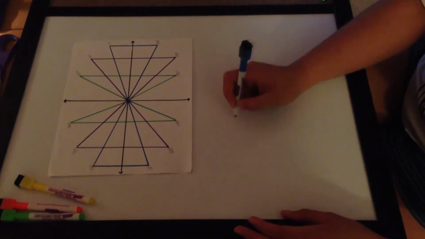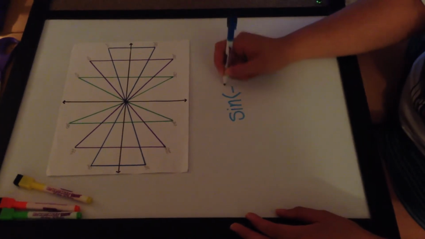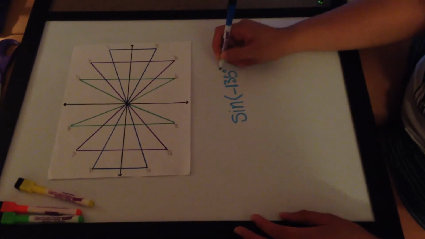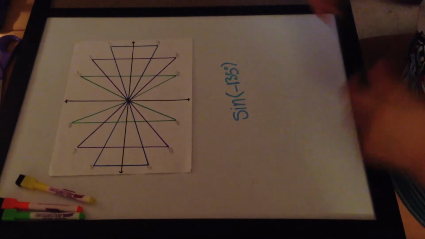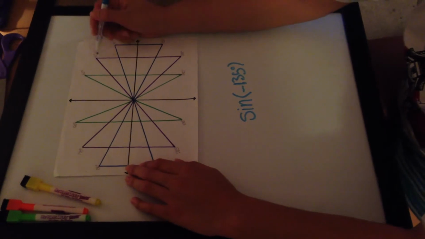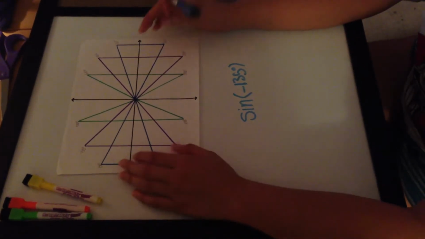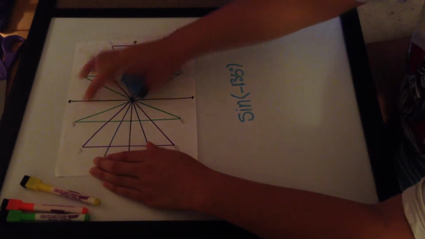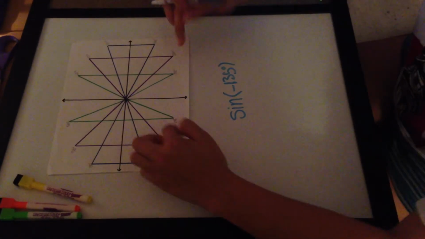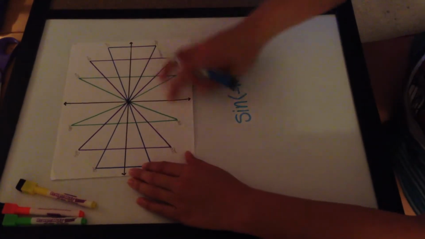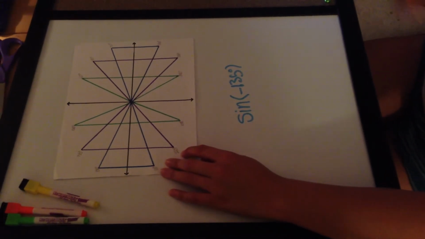Number 5, we have the sine of negative 135. Now, when thinking about this, this is why I have the lines that are connecting to make these triangles, because if you go out here to 135, this angle, if you flip it over, you'll find the negative 135, which is the same as 225.